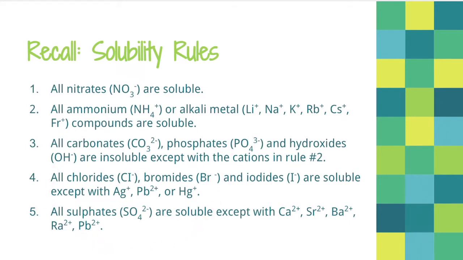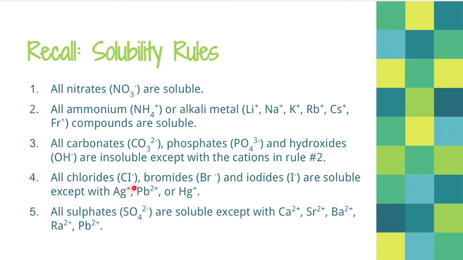Our first one is that all nitrates are soluble. Our second one, all ammonium or alkali metal compounds are also soluble. Our third one, all carbonates, phosphates, and hydroxides are insoluble unless they are with an alkali metal or with an ammonium ion.